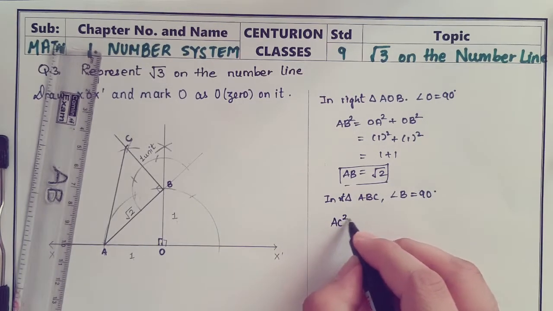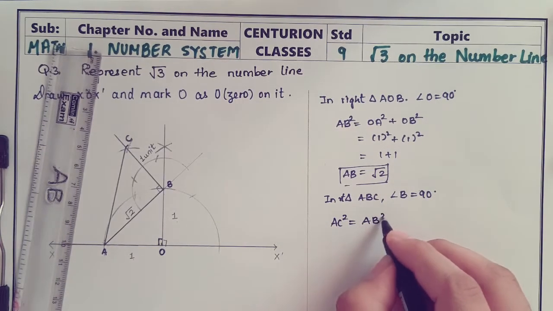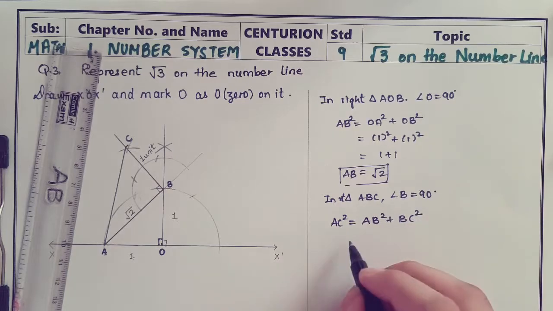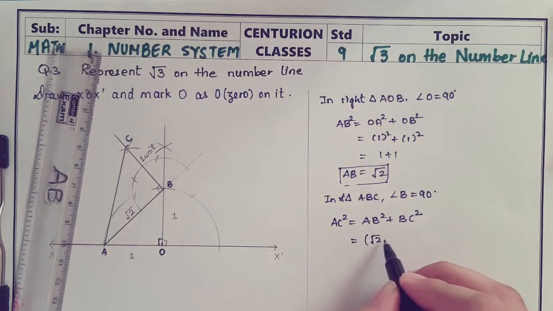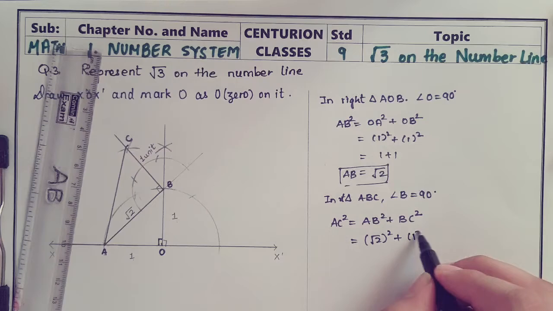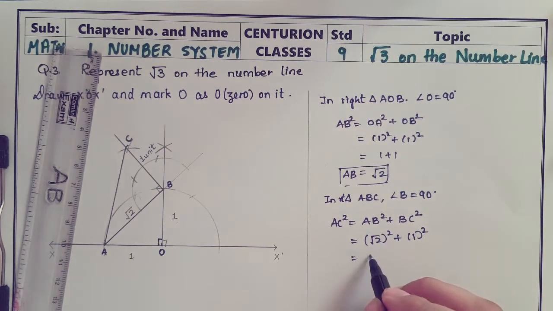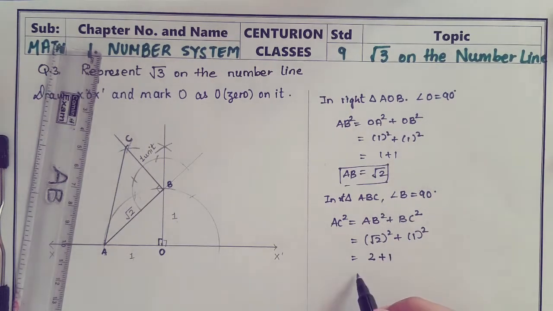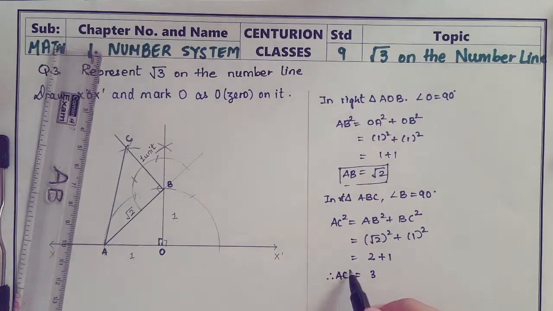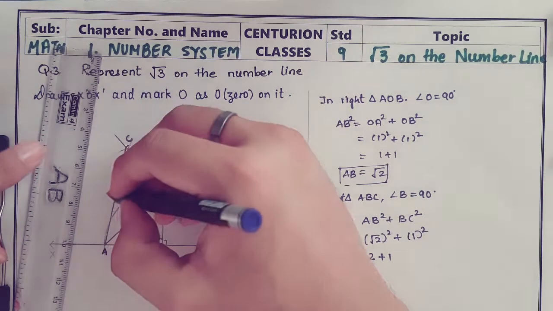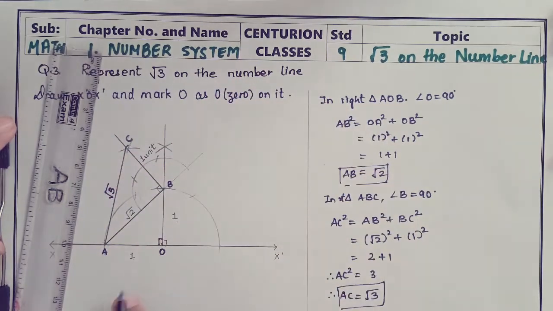So AC square will be AB square plus BC square. What is my AB? AB is root 2, the whole square. What is my BC? 1. We know root 2 and square will get cancelled out, so only 2 will come out, and this will be 1. So this is 3. So ultimately this AC square is 3. Therefore AC will be root 3. Understood? Root 3 has come. That means this measurement is root 3.